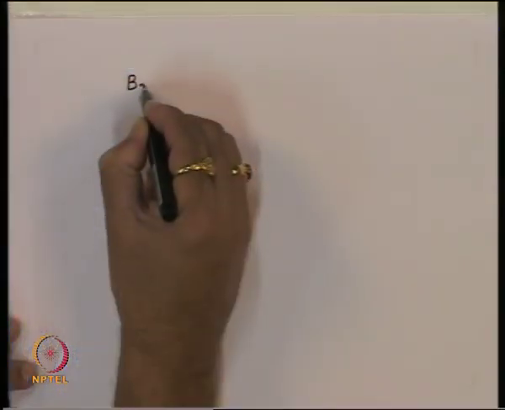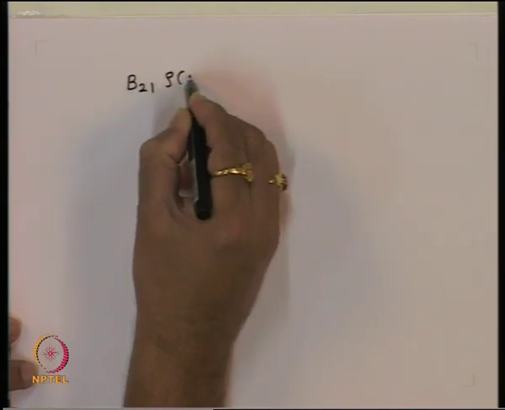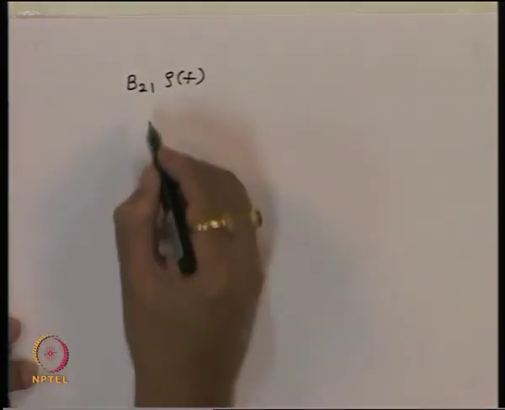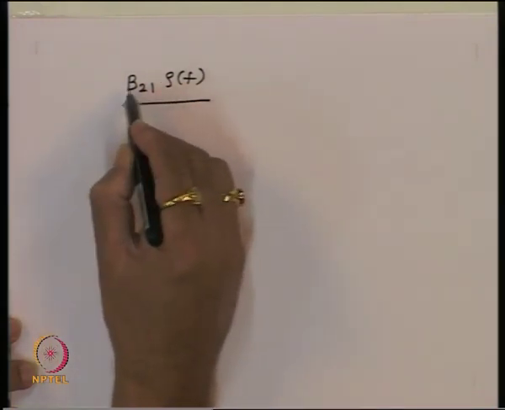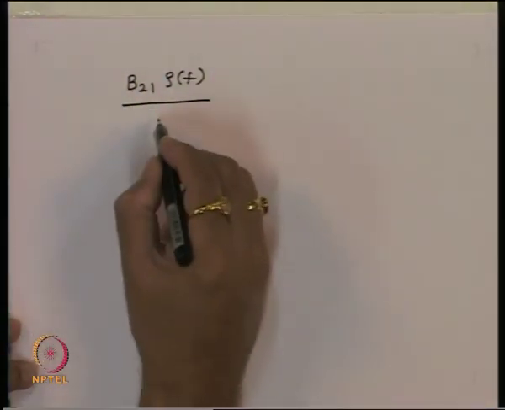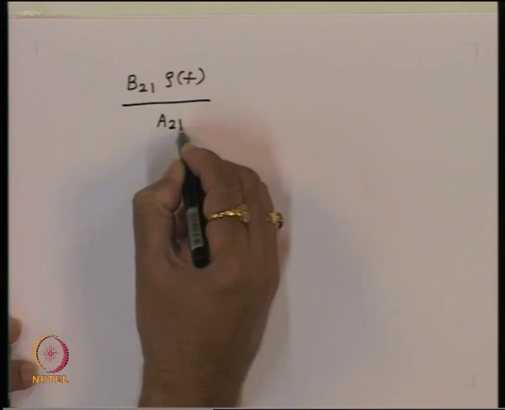One can do a very quick calculation to find out in a typical material, although these three processes are taking place, what is the contribution of the spontaneous emission over the stimulated emission. Now, as we have seen, the stimulated process is proportional to B21 and the photon flux, whereas the spontaneous process is proportional to this quantity A21.